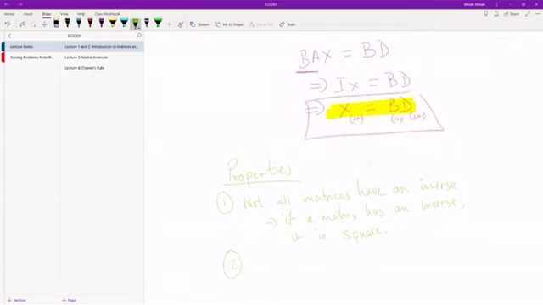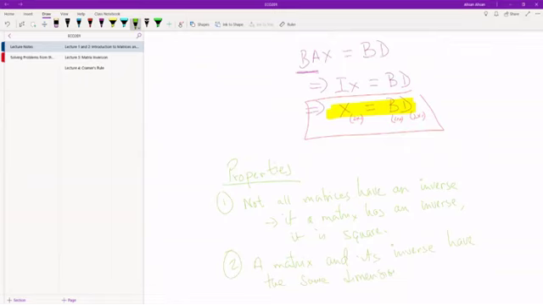So property 2 is that a matrix and its inverse have the same dimension.